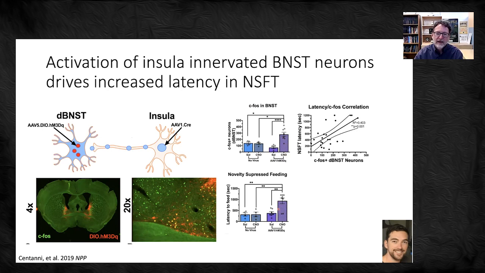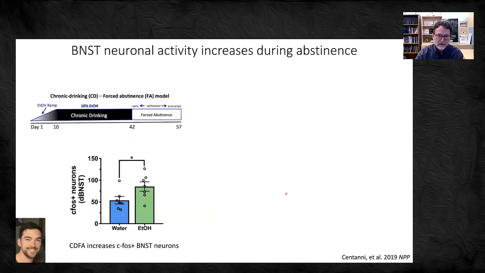Importantly then, in those same animals, we saw a big increase in that novelty suppressed feeding task latency, suggesting that in this sufficiency experiment, activation of BNST neurons that receive input from the insula can produce an NSFT phenotype similar to what we observe in the abstinent state in CDFA. So the insula to BNST input is sufficient to produce the behavior.